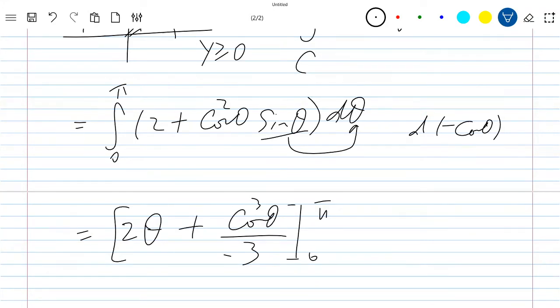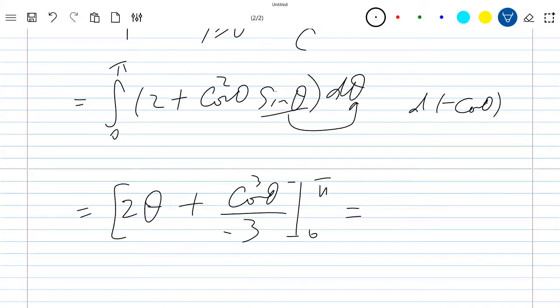If you plug in pi, you will see this first term will give you 2 pi, and the second term, if you plug in pi here, you will see cosine pi is -1, so -1 cubed is still -1.